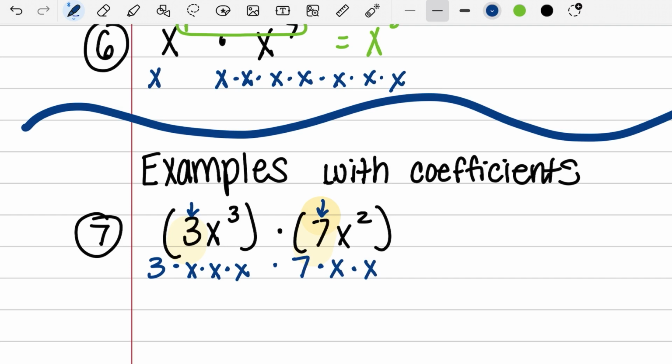Similar to combining like terms, but instead of adding or subtracting, we're just going to multiply because these symbols are all multiplication. So let's start by multiplying the 3 and the 7. That gives us 21. And now, how many times is x being multiplied by itself? Hopefully you said 5 times. Good.